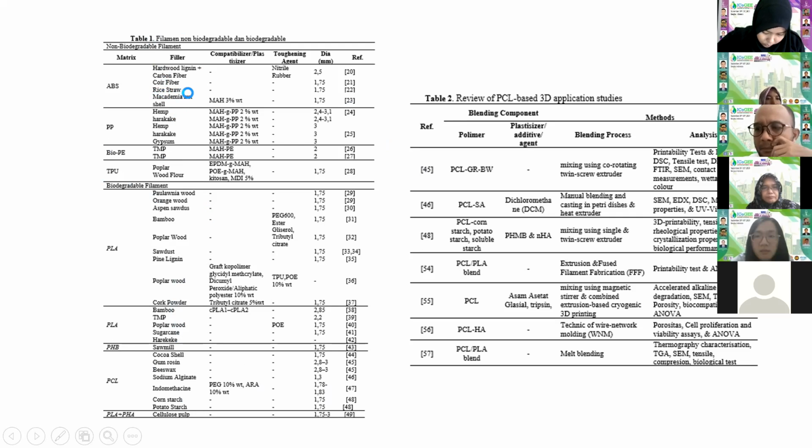There is rice straw. There are very many plants, such as sugar cane, bamboo, and etc. And also we can add polymer, put in PCL.